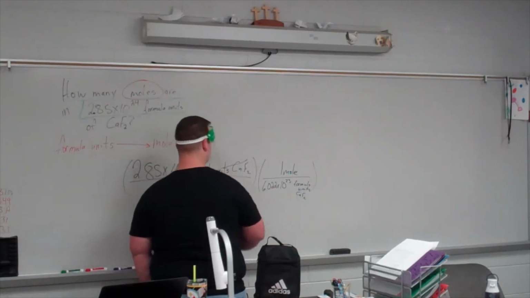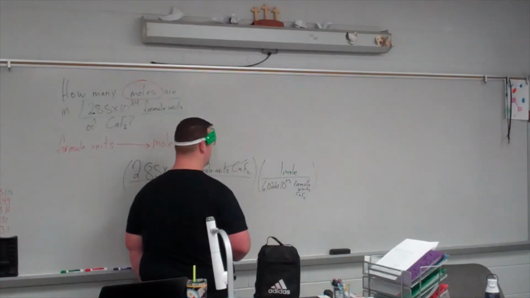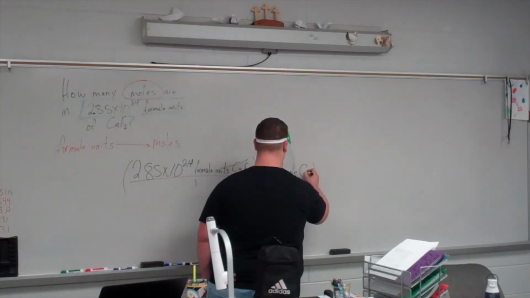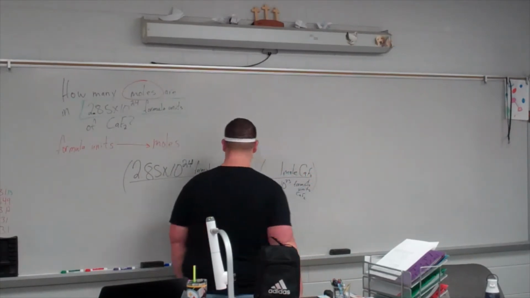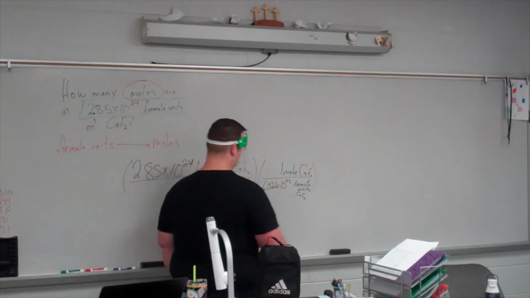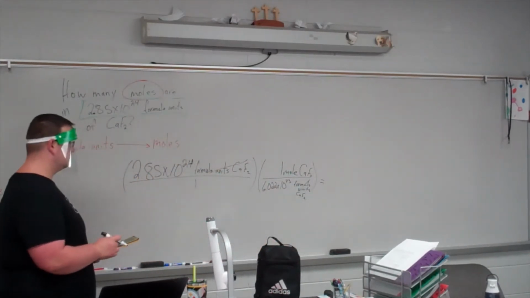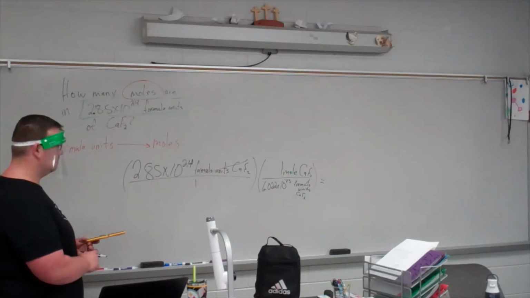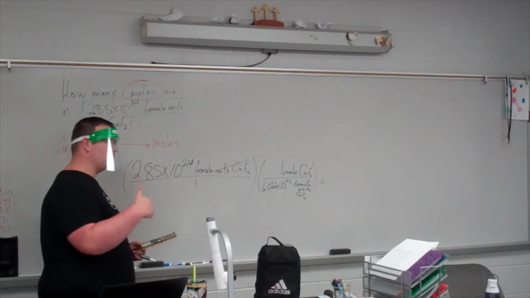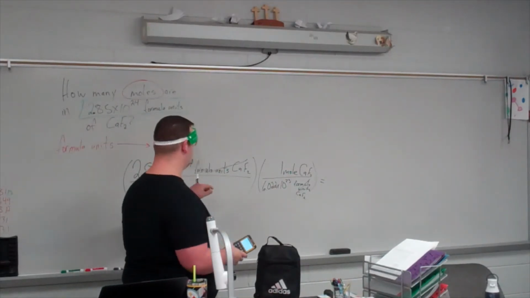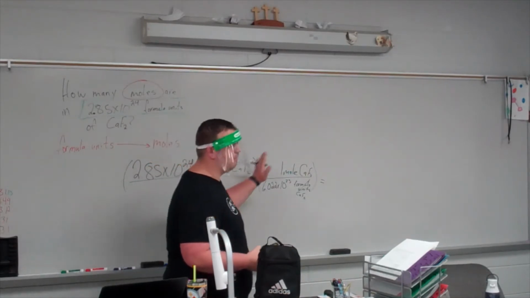So formula units of calcium fluoride cancel. I'm left with moles of calcium fluoride. So, punch in the calculator. I'm going from formula units of calcium fluoride, so it takes me to moles of calcium fluoride.